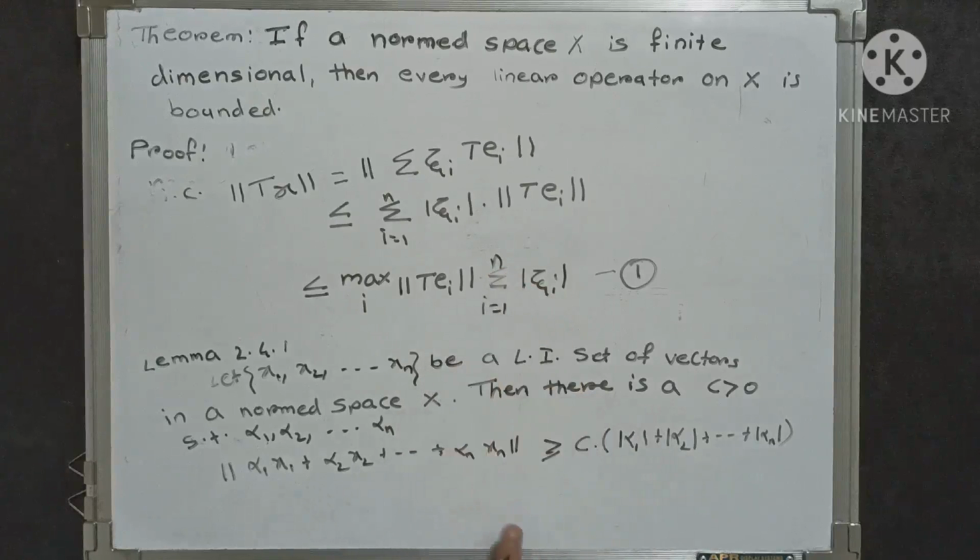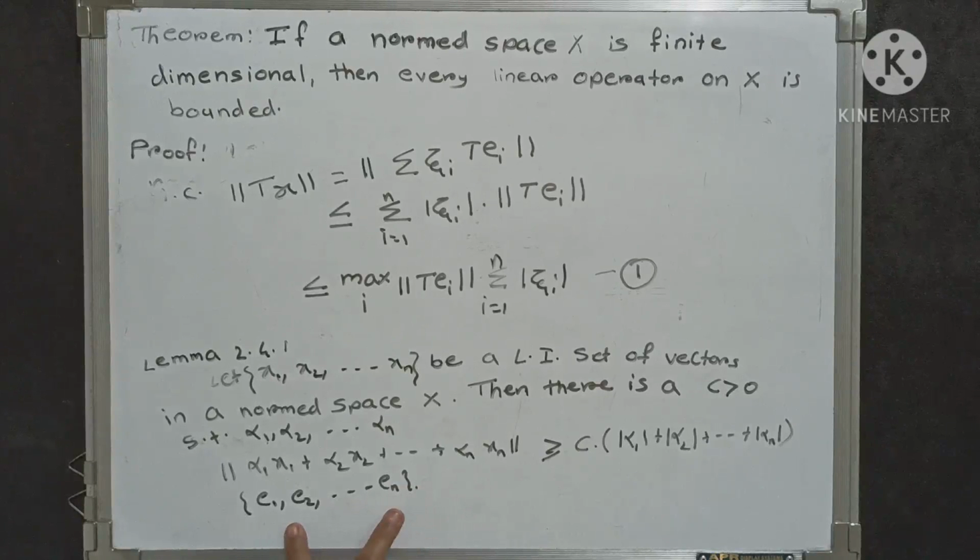to n mod of xi i, because in this theorem it is given that e1, e2 up to en is a basis for the space X. As it is a basis, that means this set is a linearly independent set of vectors.